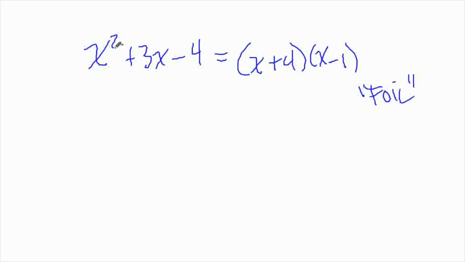Another type of factoring is where the coefficient, that's the number in front of the variable stuff, is called a coefficient. If the coefficient in front is something that's not 1, like a 2, you should be able to factor something like that.